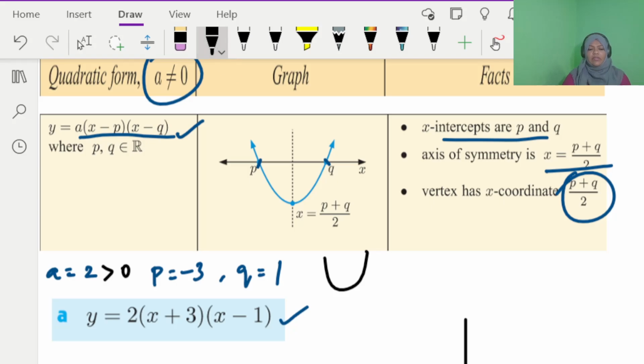Then we'll see how to solve this, how to graph it. We need to sketch the graph using axis intercepts, and we need to state the equation of the axis of symmetry. We have to find the intercept values and the axis of symmetry. So how can we do it? First and foremost, find the intercepts.